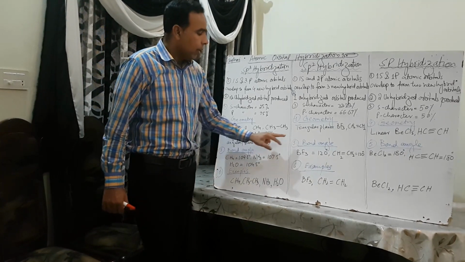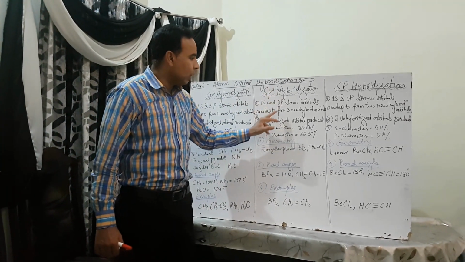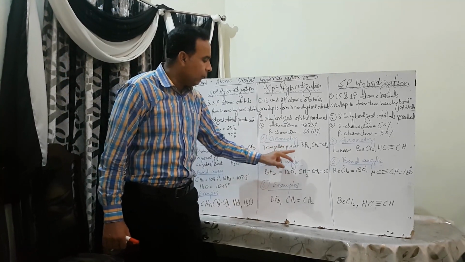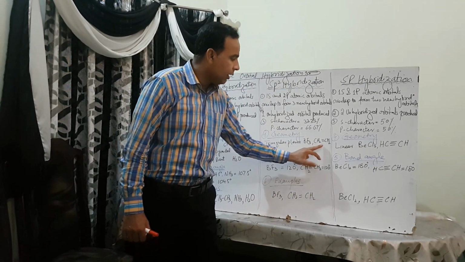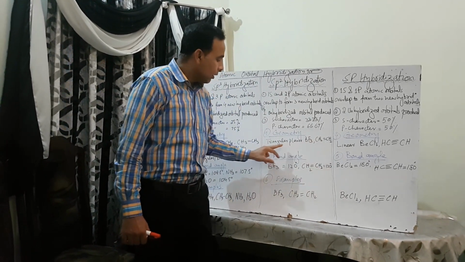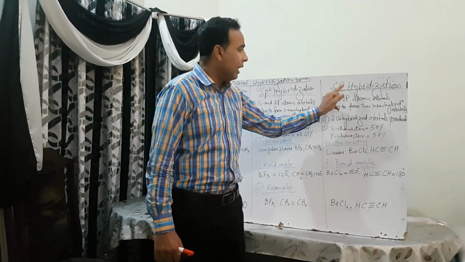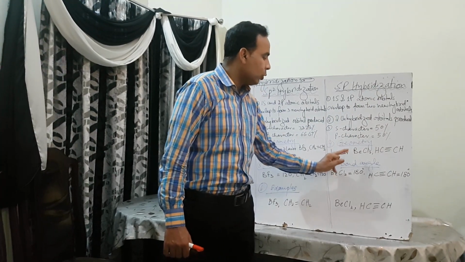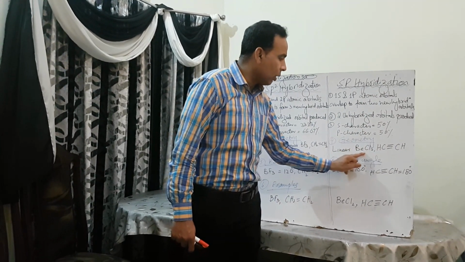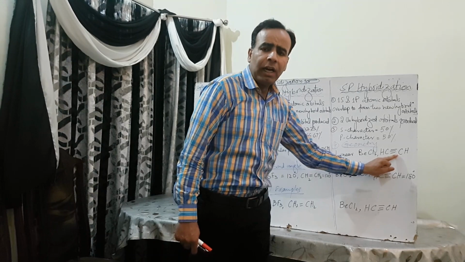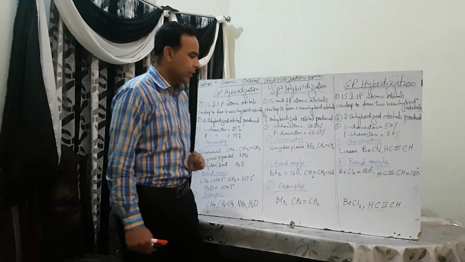In sp2 hybridization, the geometry of boron trifluoride and ethene is triangular planar, while in sp hybridization, the geometry of beryllium chloride and acetylene, or ethyne, is linear.